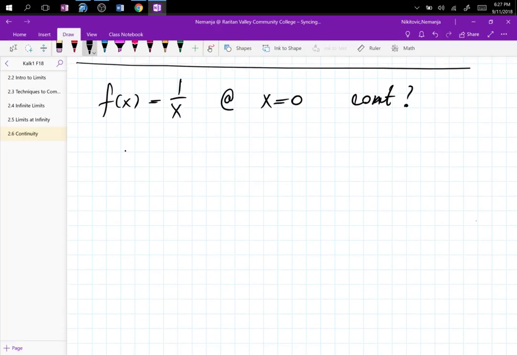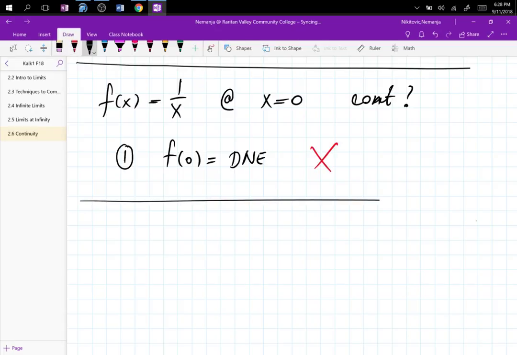Well, you start with number 1 and you go f of 0 equals DNE. Done. You don't go on checking other things. As soon as one thing fails, the whole thing is a wrap.